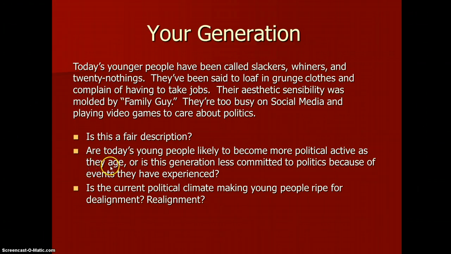Are you going to get more engaged as a generation, or is your generation just not as committed to politics? Lastly, if the current political climate is making young people less political, are you ripe for dealignment, which remember means when people break away from party affiliations and vote independent or third party, or are you ripe for even realignment, where people are switching parties due to the gridlock nature of Washington, D.C.?